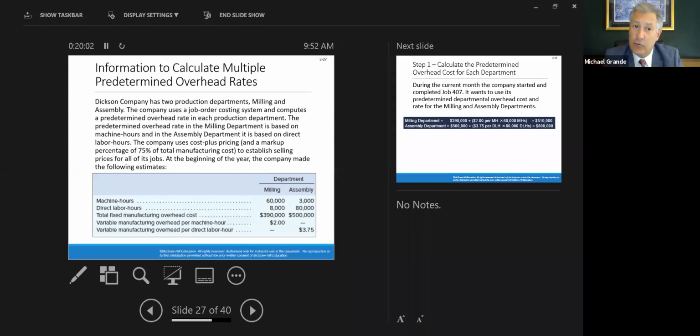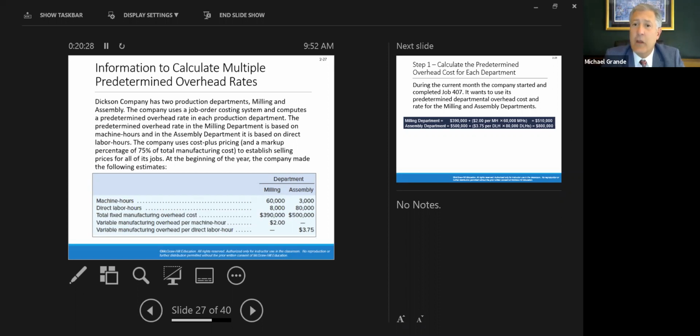We have two predetermined overhead rates, a predetermined overhead rate for milling and a predetermined overhead rate for assembling. The predetermined overhead rate in the milling department is based on machine hours, and in the assembly department is based on direct labor hours. So we have different allocation factors.